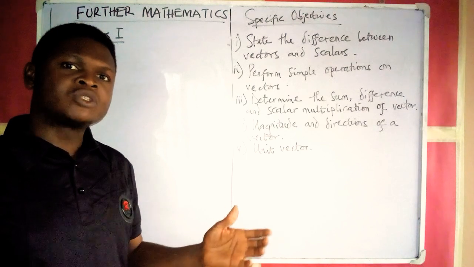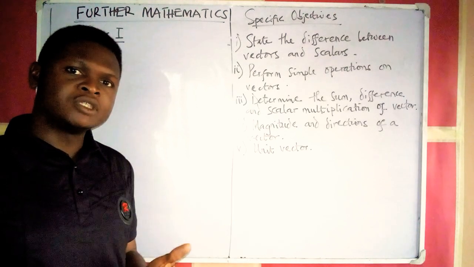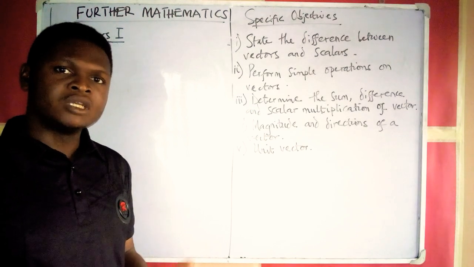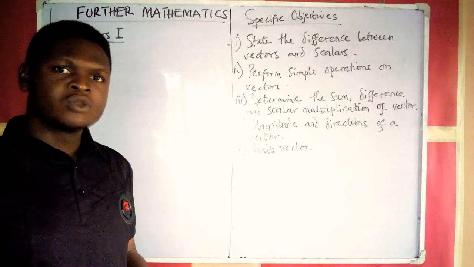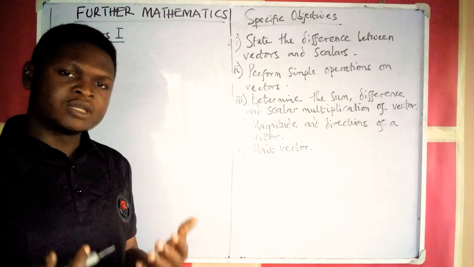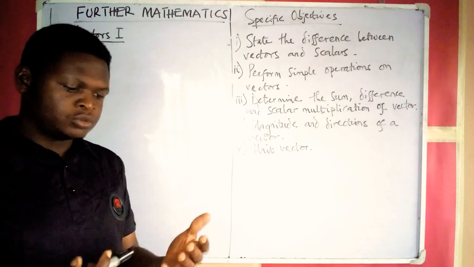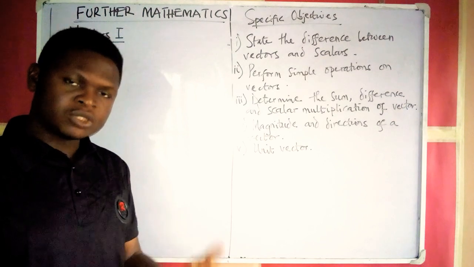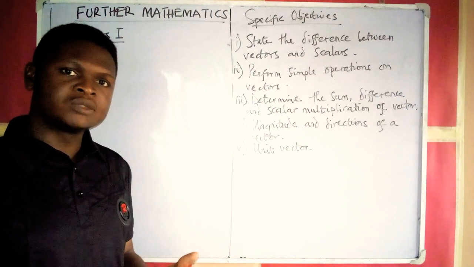So when two vectors are added or subtracted from each other, the result we obtain is called a resultant vector. When two vectors act together, whether through subtraction or addition, the result is what we call the resultant vector.